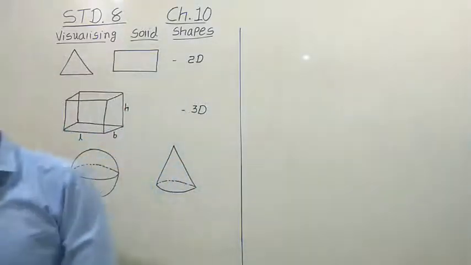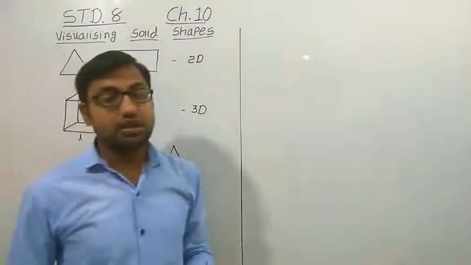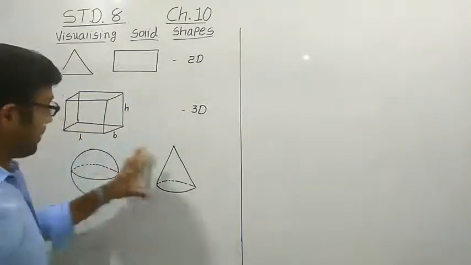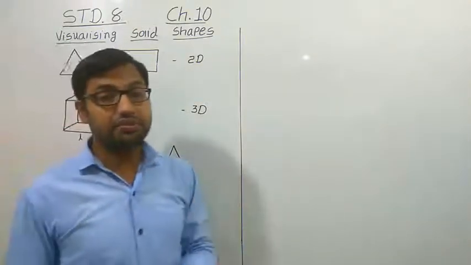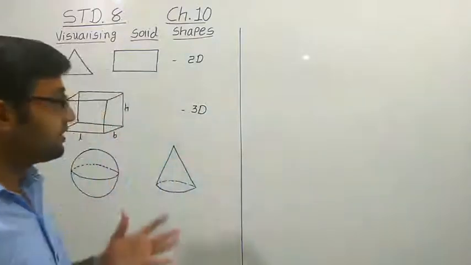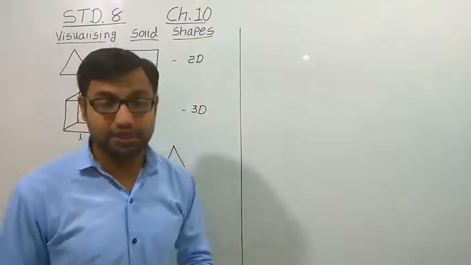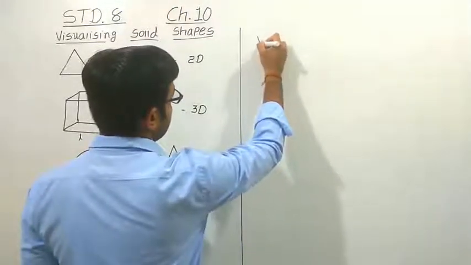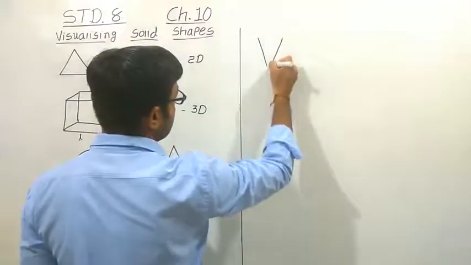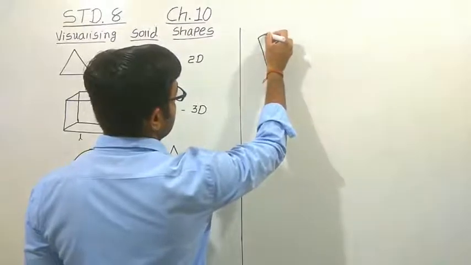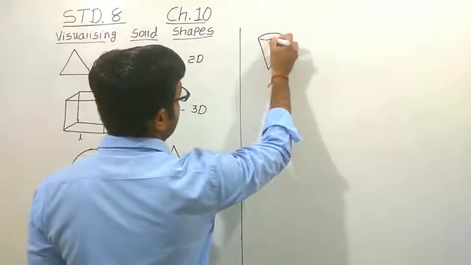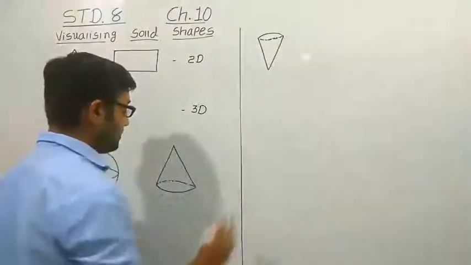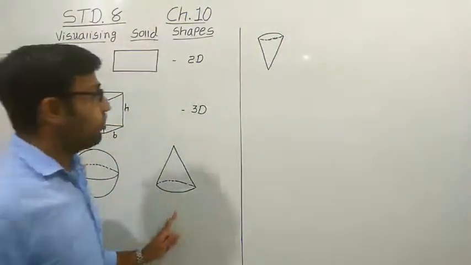Okay. So now it is not necessary that only this kind of shapes are there. Many times we come across shapes which are a combination of two solid shapes. Like one example I am giving you, suppose there is an ice cream cone. This is a shape which is, we can say, a cone.